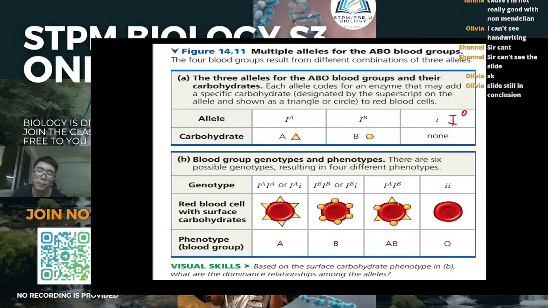When the person has the AB blood group, it will have both the A antigen and the B antigen. Both are present. The red blood cell surface, the erythrocyte surface, contains carbohydrates, both A and B. So that is why we call it multiple alleles and codominance. It is multiple alleles because it has three different alleles. So these are the meanings of multiple alleles.